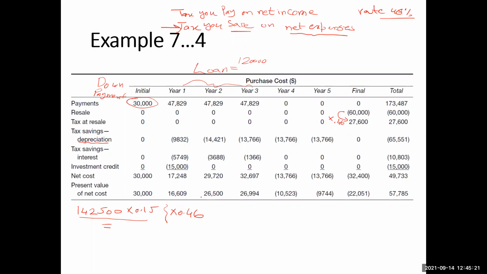So what does 142,500 mean? This is the cost basis, and this cost basis is used for calculation of the depreciation. So this is the cost basis, and then this is the depreciation.